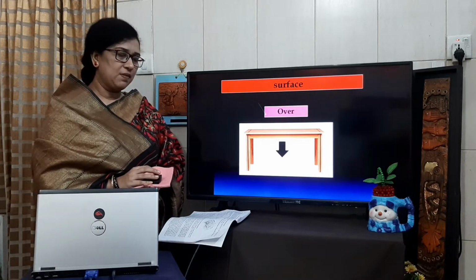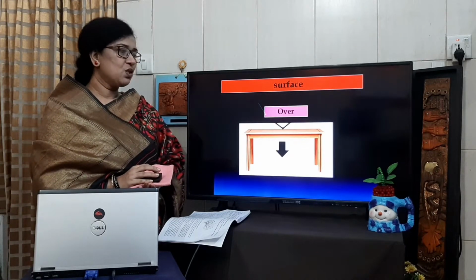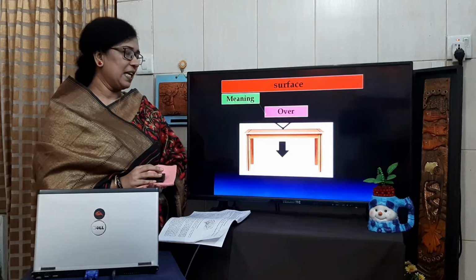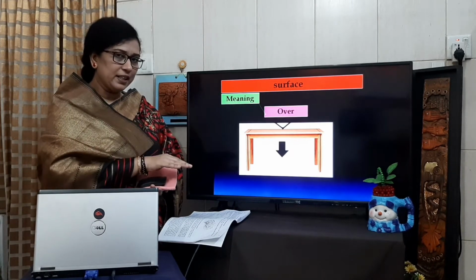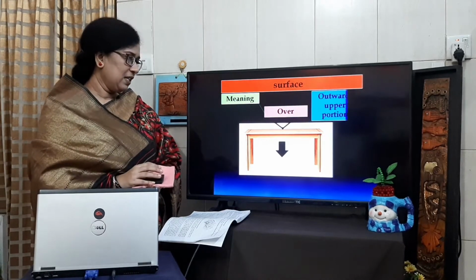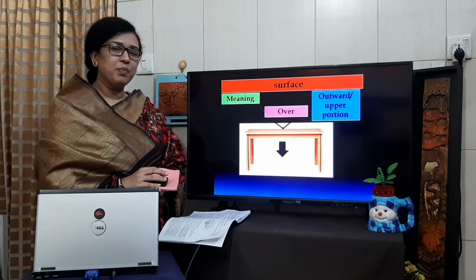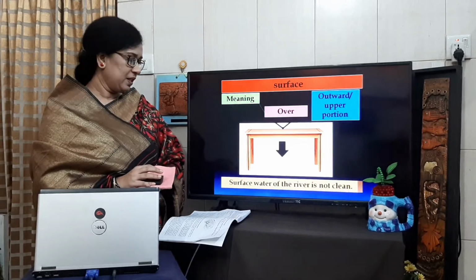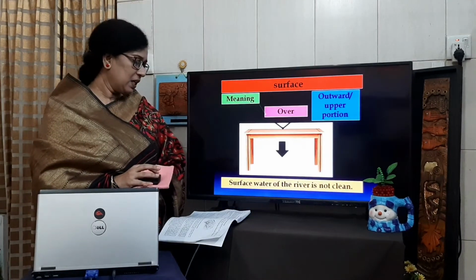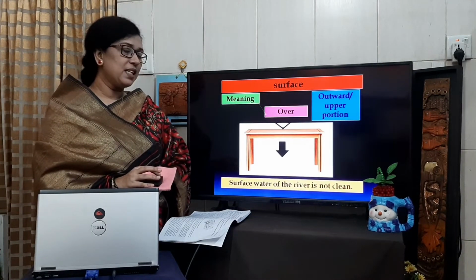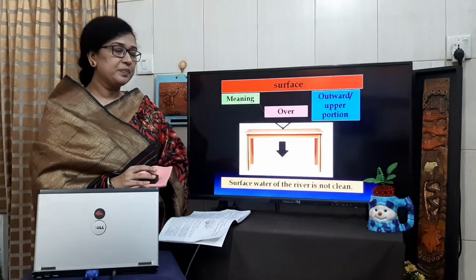This is over the table. So the meaning of surface is over, not under, over. Up, outward, upper portion. Clear? And there is an example. Surface water of the river is not clean.